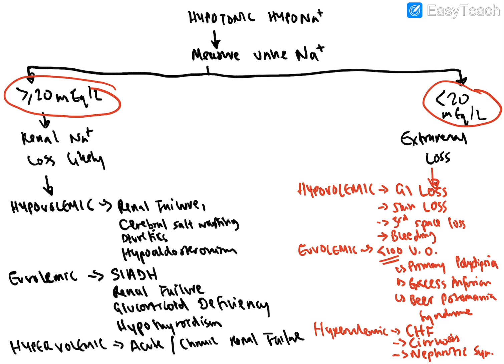If that's the case, this would be primary polydipsia, excess infusion, or Beer-Potomania syndrome, which is due to malnutrition. If the patient has hypervolemic, hypotonic hyponatremia and has low urine sodium as well, you would think of conditions such as congestive heart failure, cirrhosis, and nephrotic syndrome.